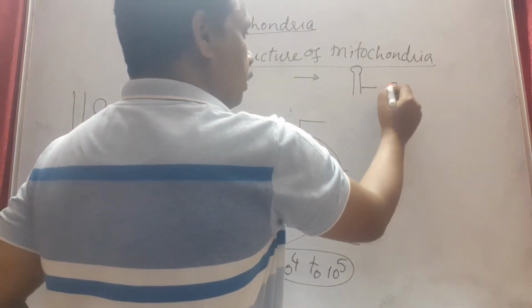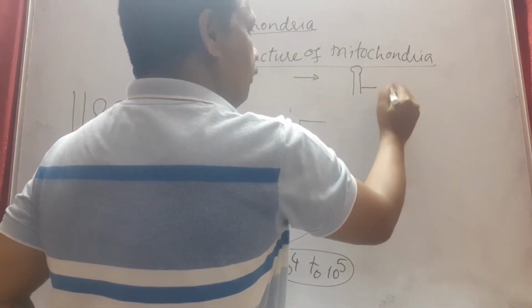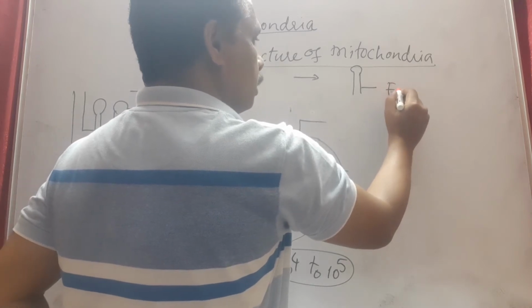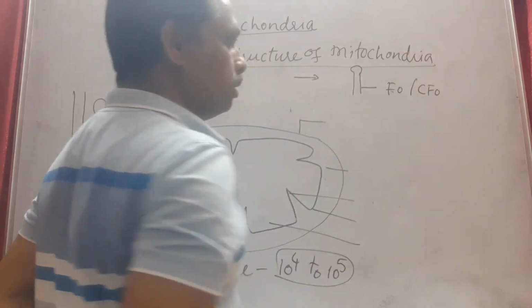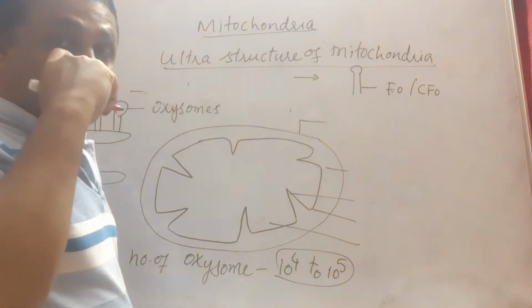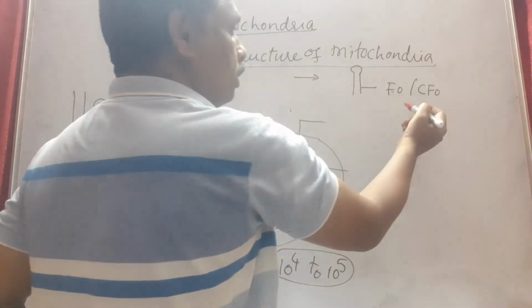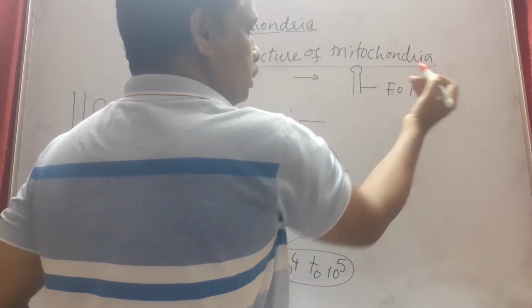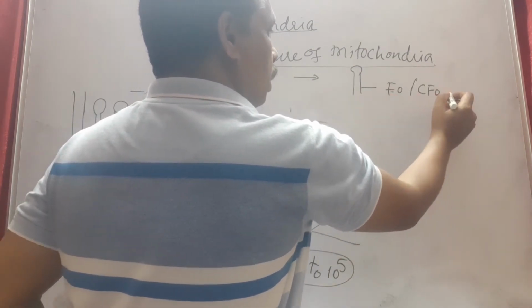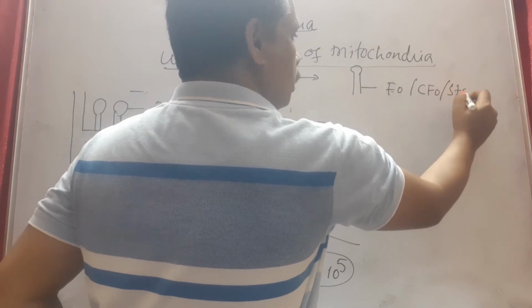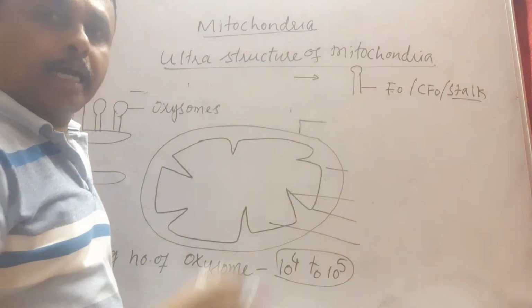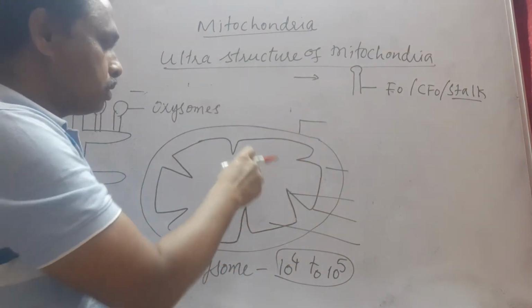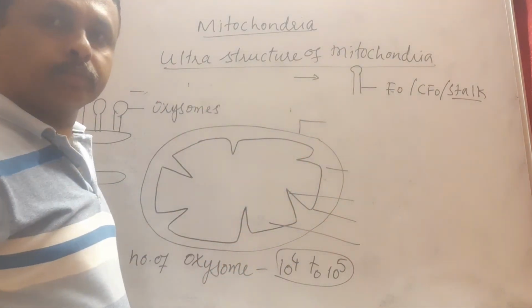The stalk represents F naught or CF naught, coupling factor 0. This stalk is embedded into the inner membrane.